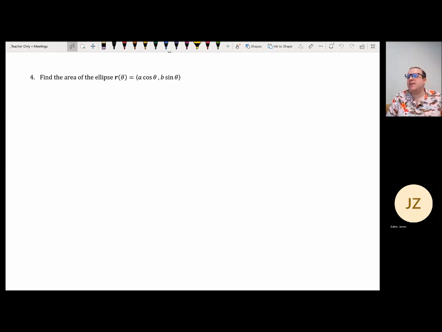If A is greater than B, then this is an ellipse with semi-major A and semi-minor B. If B is greater than A, then this is the ellipse with semi-major B and semi-minor A. It just depends. Does it stretch out longer on the x-axis or the y-axis? Here it's arbitrary. Doesn't matter.